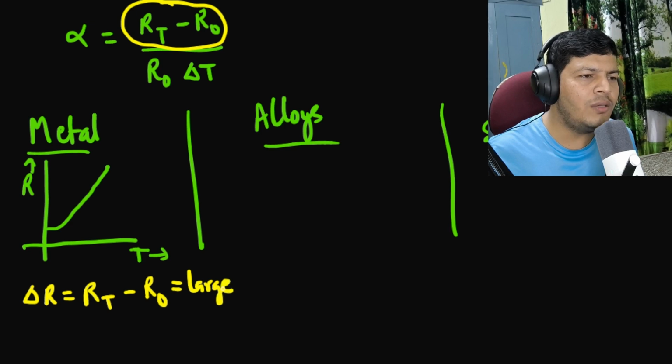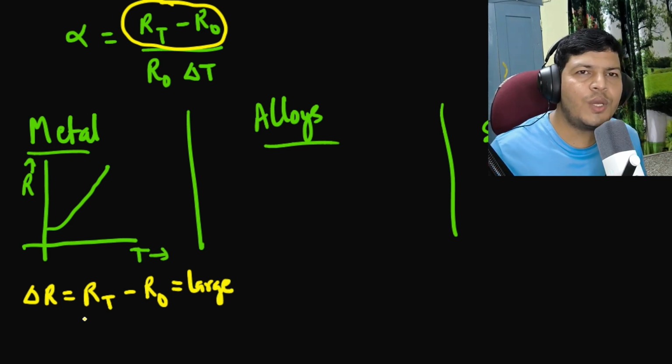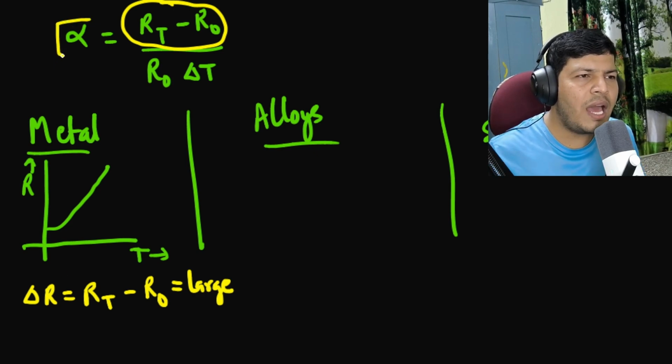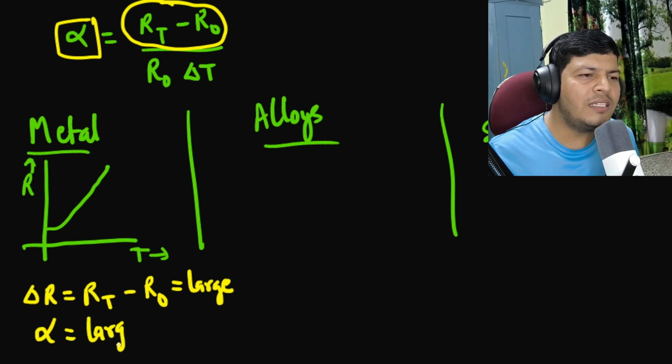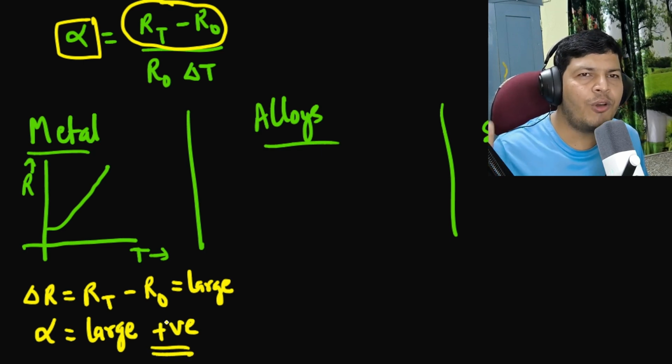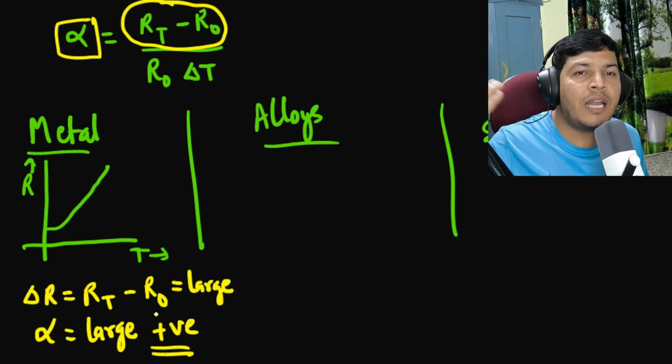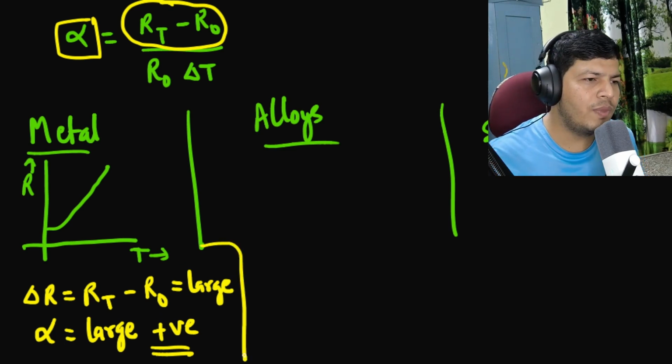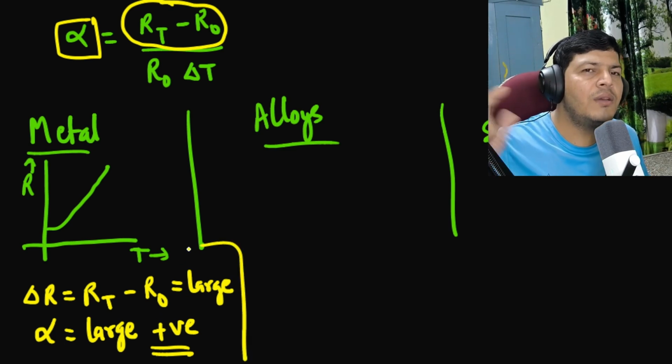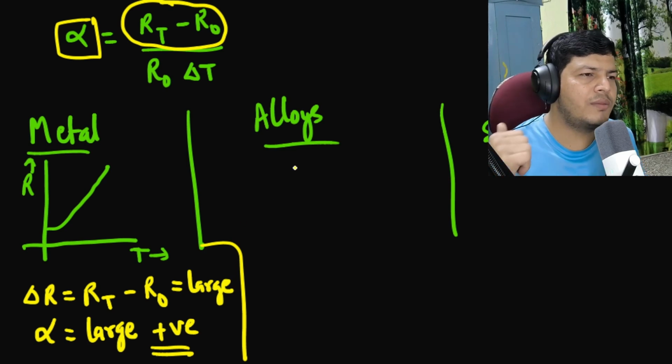Large for what? For metals. When this term is larger, obviously alpha will be larger. So alpha will be large and positive also. You can write down alpha for metal is large, positive. Is that okay? Because the resistance increases much greater than alloys.